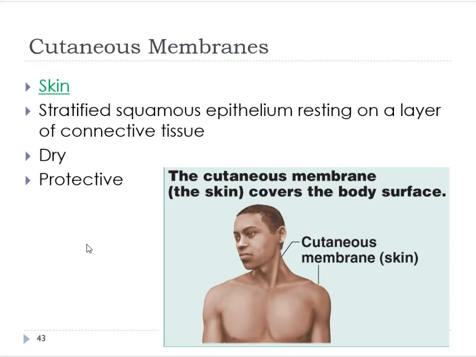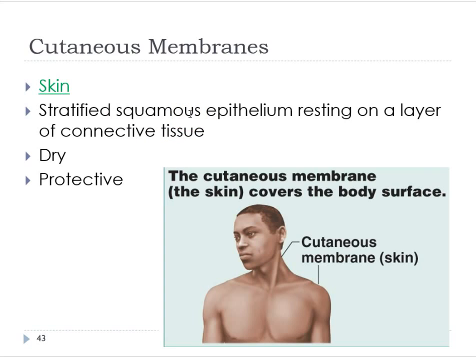Cutaneous membrane is going to be our skin. It is stratified squamous epithelial, and it's resting on a layer of connective tissue. This totally makes sense. So stratified means multiple layers. Squamous, remember, that's the shape of the cell. There were 3 different types.